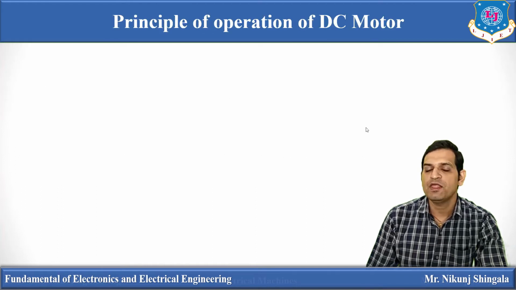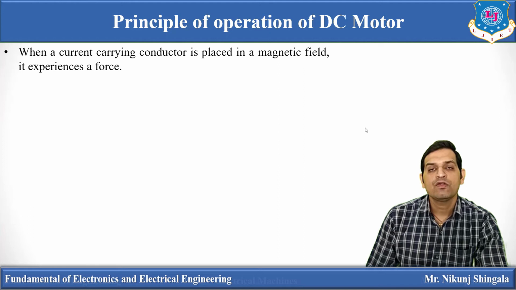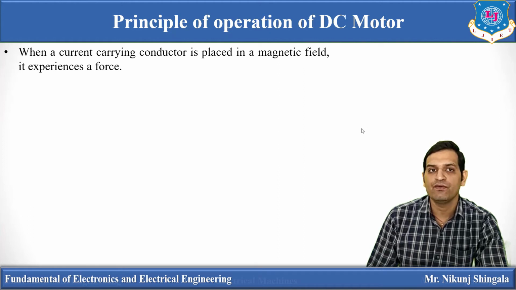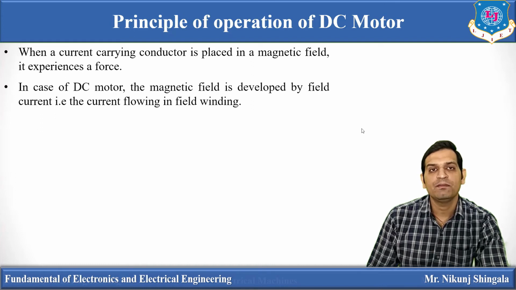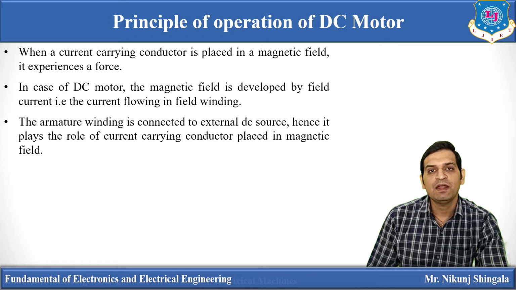Now moving towards the principle of operation of the DC motor. When a current carrying conductor is placed in a magnetic field, it experiences a force. In the case of a DC motor, the magnetic field is produced by a field winding which is supplied by some external DC source. So current flowing in the field winding produces magnetic flux, a magnetic field. That magnetic field passes through the air gap and cuts the armature conductor. The armature winding is connected to a DC source, hence it plays the role of a DC current carrying conductor placed in the magnetic field.